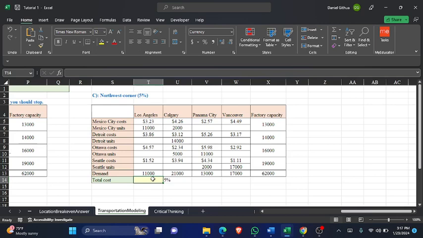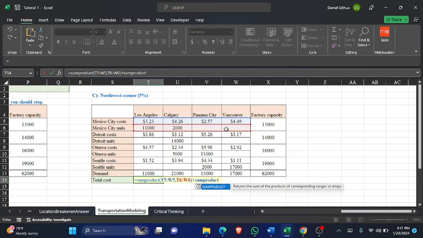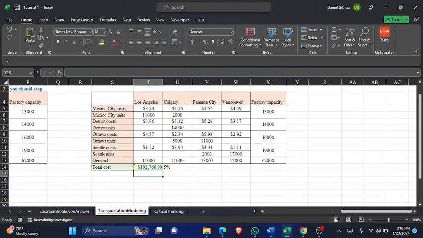So the total cost is equal to sum product of this and this, all of this, plus the sum product of this and this, that is the cost and the units, plus sum product of these, all of this, and their units, plus sum product of the theater cost and the theater units, and enter. So that is the total cost for this one.